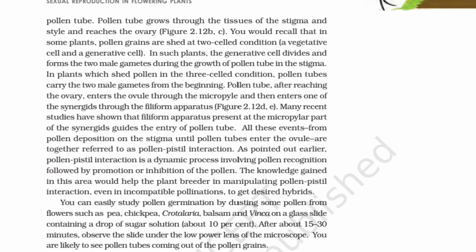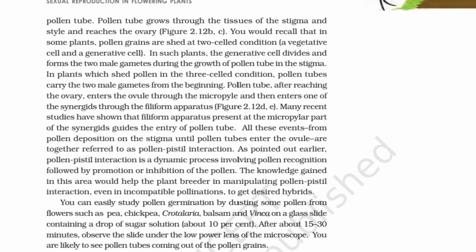As pointed out earlier, pollen-pistil interaction is a dynamic process involving pollen recognition followed by promotion or inhibition of the pollen. The knowledge gained in this area would help the plant breeder in manipulating pollen-pistil interaction, even in incompatible pollinations, to get the desired hybrid.